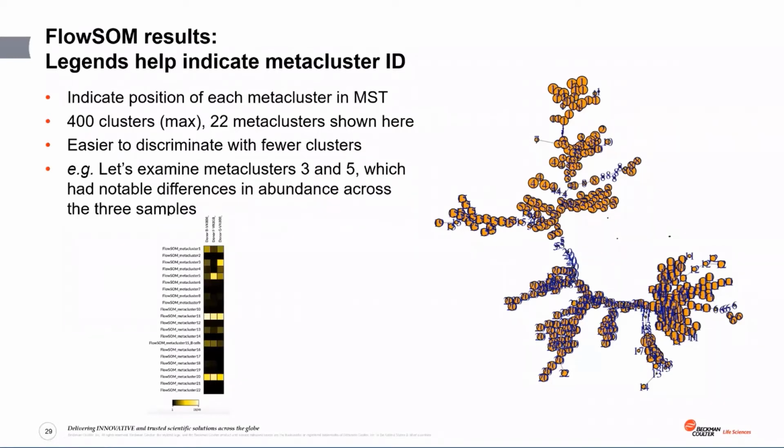If we wanted to use our heat map here where we see the abundance for each metacluster and see where those metaclusters that look interesting are on our map, we can refer back to this legend. For example, from our heat map, we see there's differences in metacluster 3 and metacluster 5, and we can see where to locate those on our population pie charts.